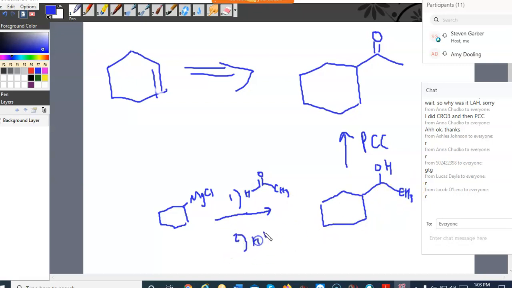Second step is adding acid. And to make this Grignard, you got to start with the alkyl halide and add magnesium, and then HCl. All right. So that's kind of the route I was trying to get you to do.